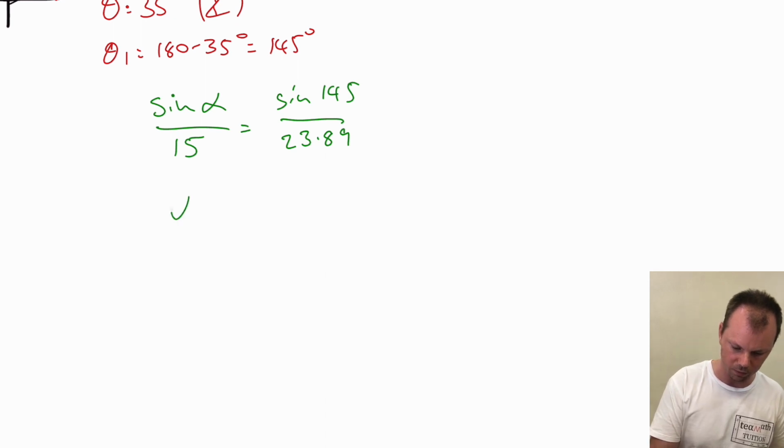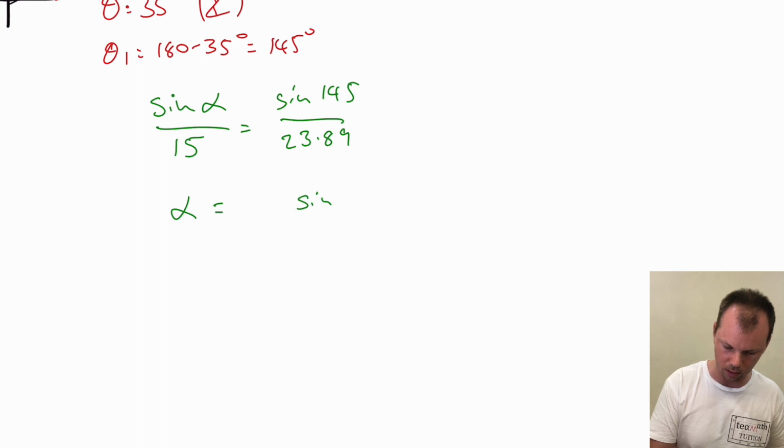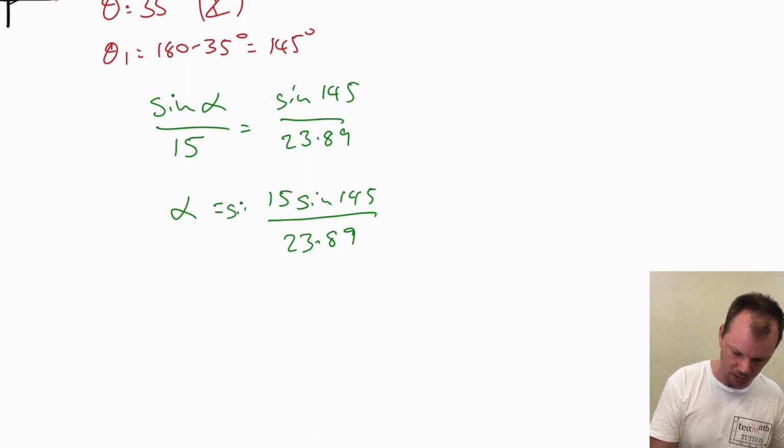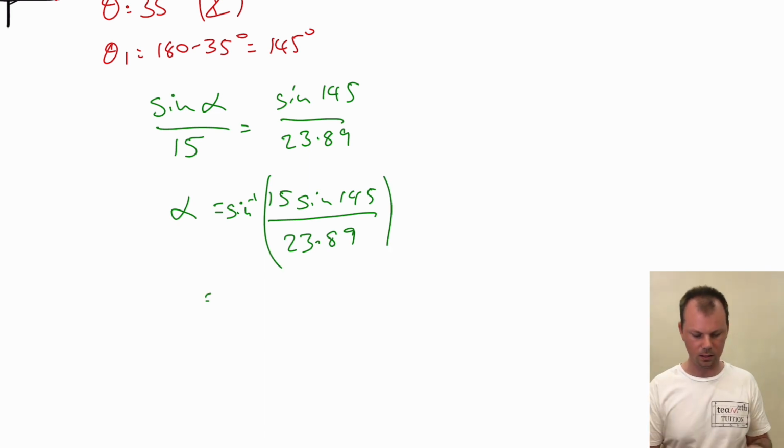We've got sine alpha, so sine alpha equals sine 145 times 15 on 23.89. Alpha equals the inverse sine of that. And I put that into the calculator, what do we get?